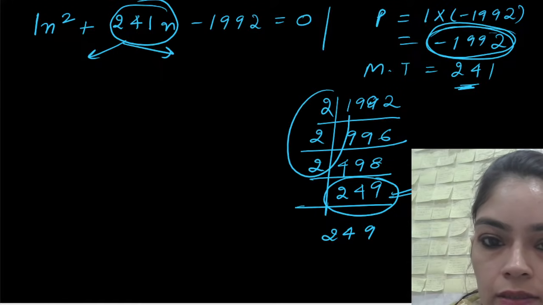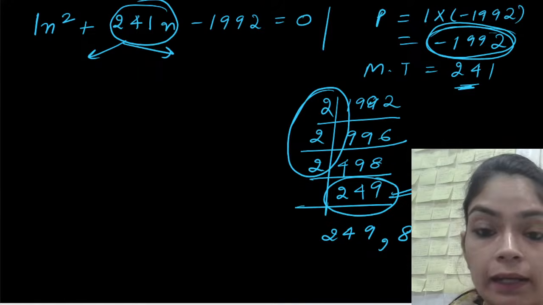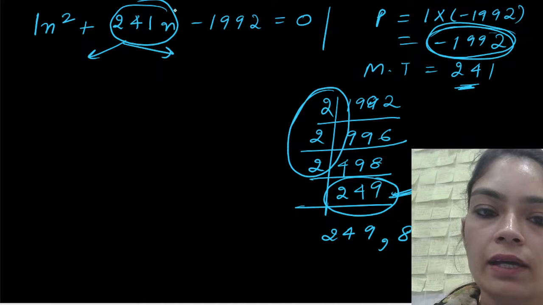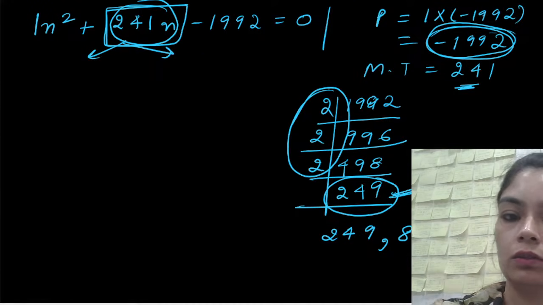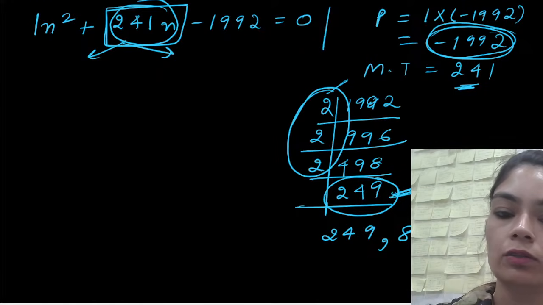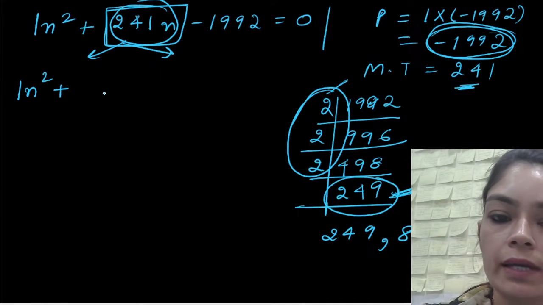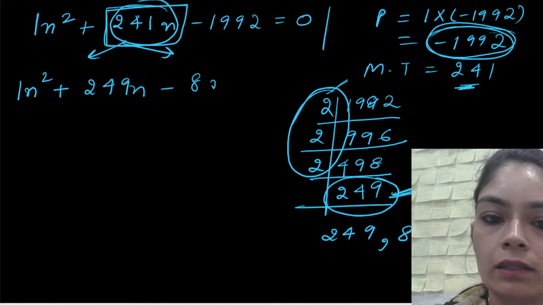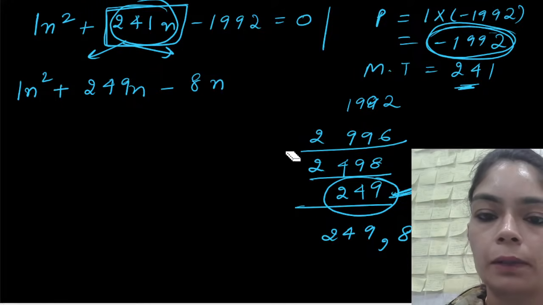Do factorization till you find the number which is near to the middle term. 249 is very close to 241. So take that number and multiply the remaining three, and you get 8. From here you get the hint that I can choose these two numbers. So n square plus 249n minus 8n. 249 minus 8 becomes 241 only.